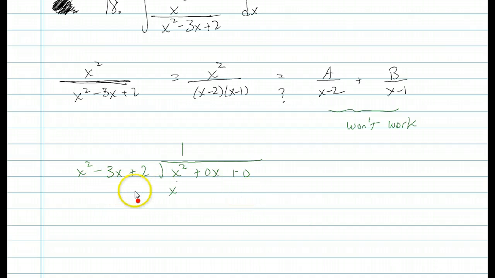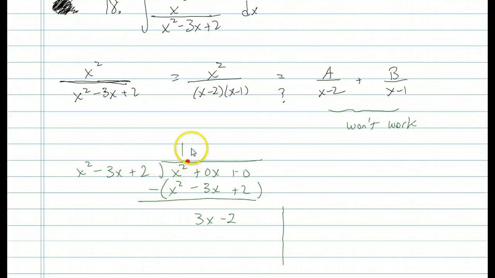The divisor is x squared minus 3x plus 2. What we want to ask is, what quantity do we multiply x squared by to make it match up with the leading term, the x squared, from our dividend polynomial?